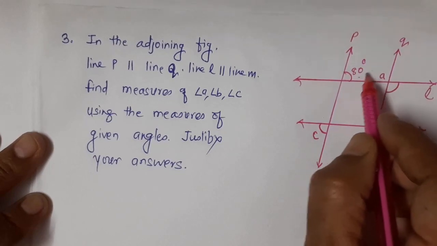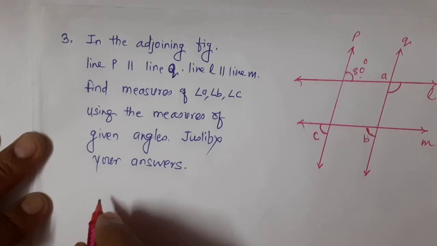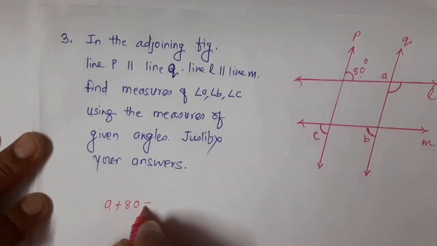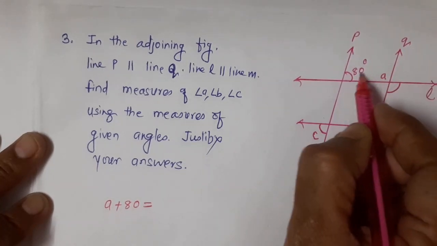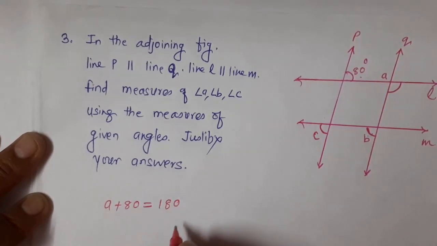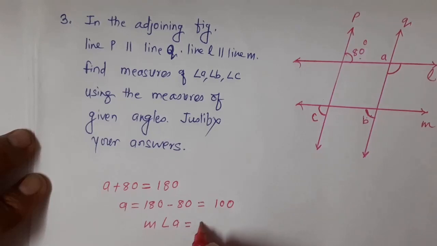A plus 80 is equal to 180, because interior angles are supplementary. So what is the measure of angle A? A is equal to 180 minus 80, which comes out to be 100. So the measure of angle A is 100.